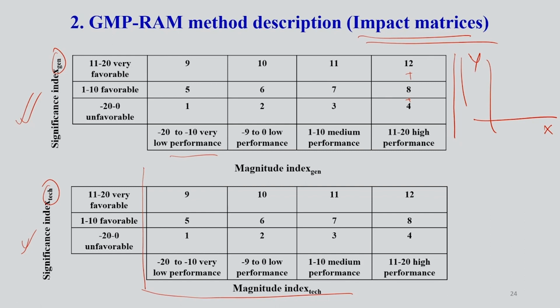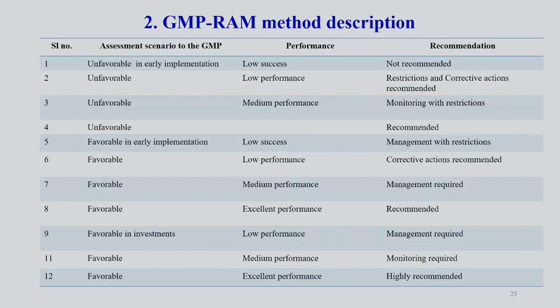From these matrices you then take a final decision whether this particular GMP is suitable to go to people or not. But of course, this is not as simple as it seems. There are various other issues. There are also different kinds of social matrices, social studies, also carried out for this kind of testing.